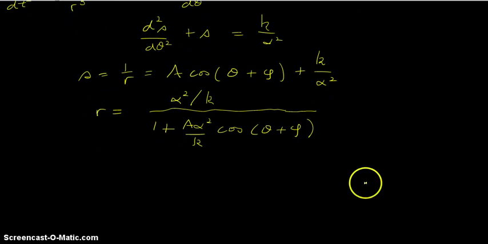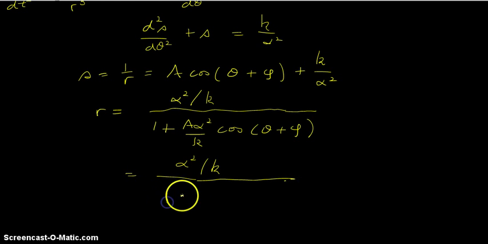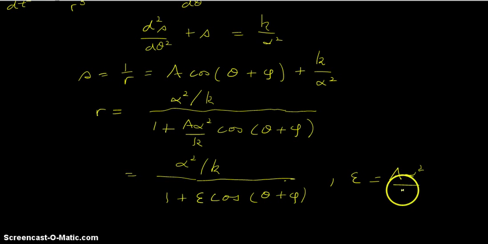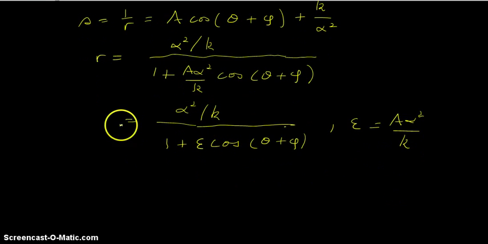And of course this looks very familiar. This is alpha squared on k over 1 plus epsilon cos theta plus phi, where epsilon is a alpha squared on k, and that's the eccentricity of the conic.